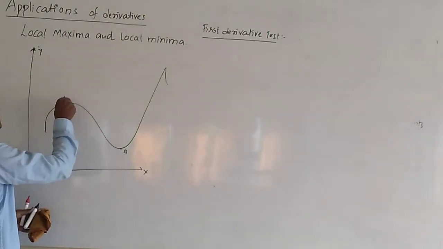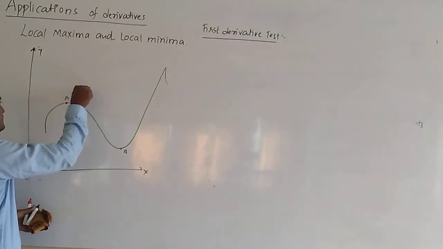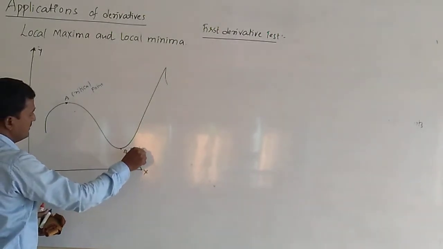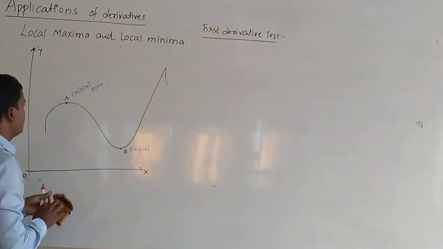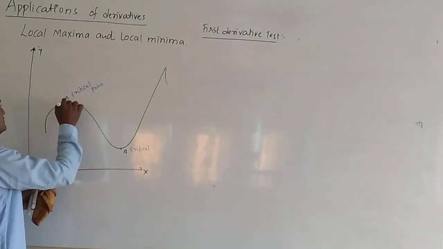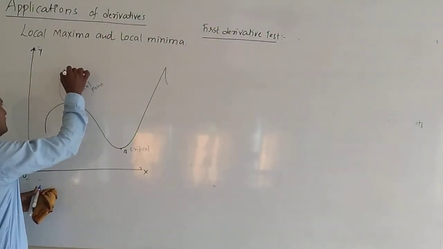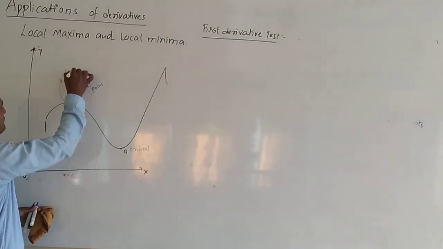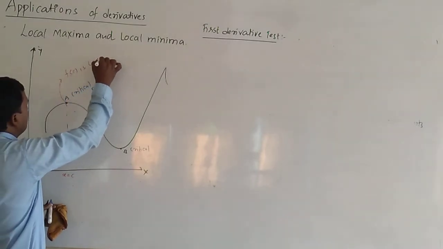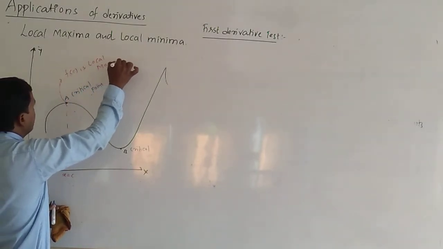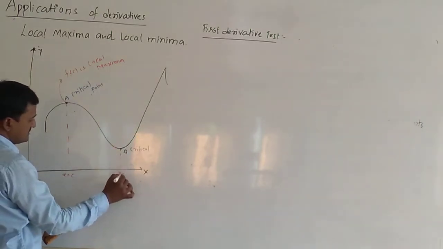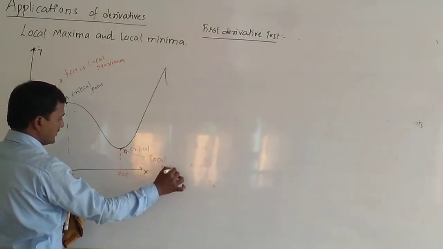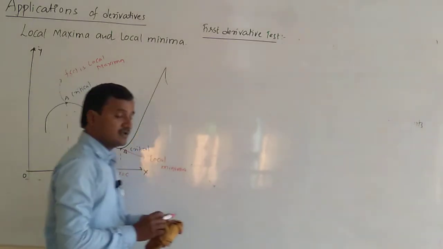Here, taking x equal to c, f of x is the local maxima, and here, taking x equal to c, it is called local minima.